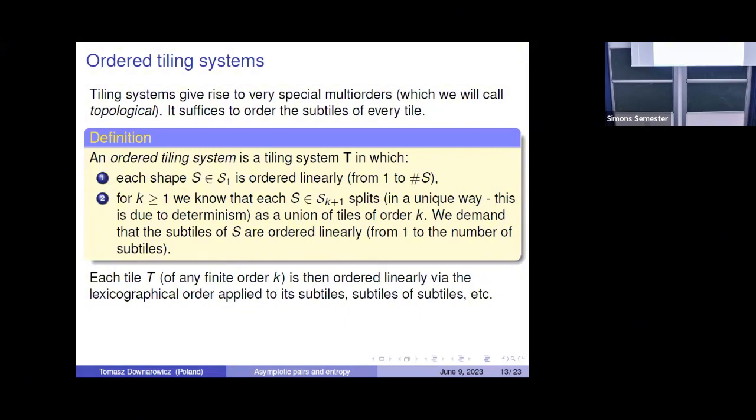All its elements are lexicographically ordered from 1 to the cardinality of the tile. And we are interested in those elements of the tiling system which determine a total order on the whole group. And we want this order to be of type Z. This is like in multi-order.